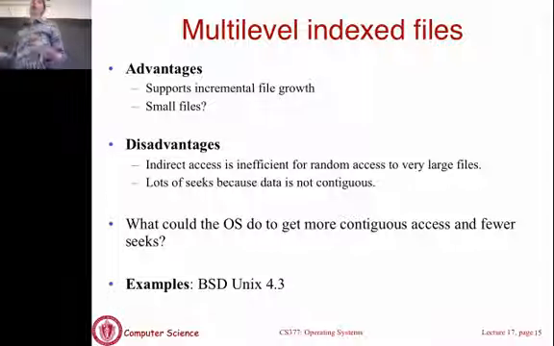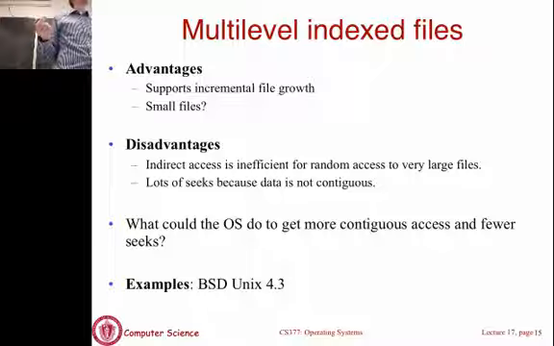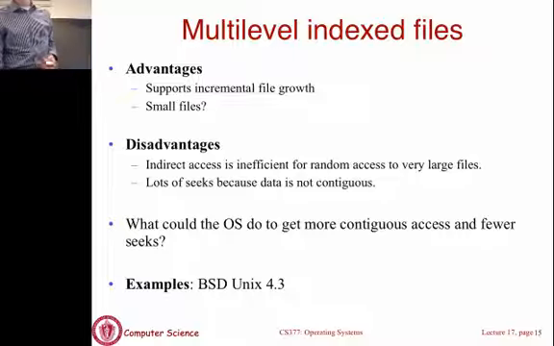Now, if any of you have actually run a disk defragmenter, their running time is usually measured in minutes to hours rather than milliseconds. So a disk defragmenter is really, really expensive and not anything that your OS would ever choose to do itself. But it is an option that is sometimes used.